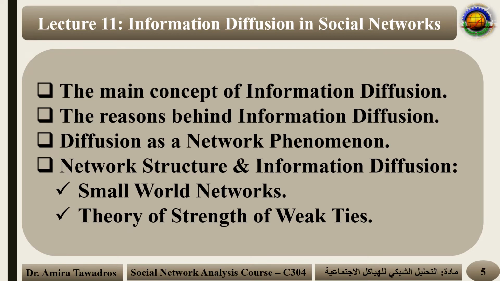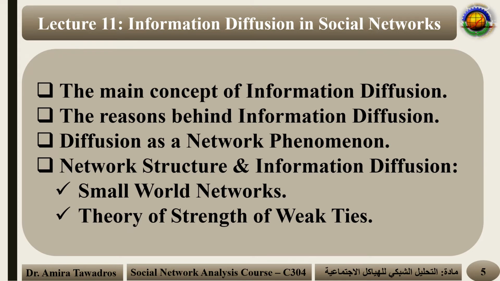Is information diffusion related to the network analysis that we have studied or not? So we will see how diffusion will be represented as just a network phenomenon. It's all about networks. And then in the final topic, we will start to discuss network structure and its relationship to information diffusion.